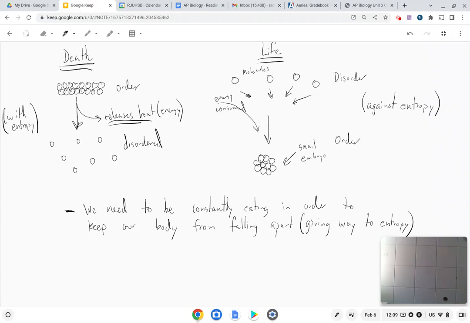I'm not eating to gain weight. I'm not growing anymore, but I still have to eat just to keep my body together, to protect it against this tendency that it has toward falling apart, entropy. Because that's the direction things go unless you have energy to counteract it.